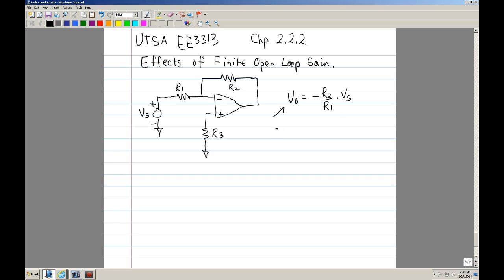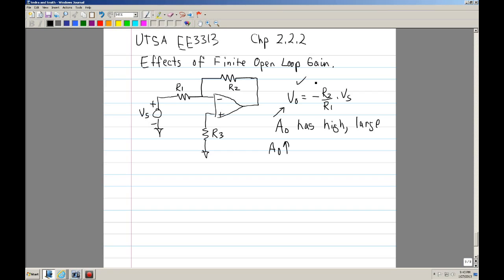The caveat is that the open loop gain of the op-amp has to be high, or large. The gain has to be very big. As the open loop gain goes high, this becomes more accurate.